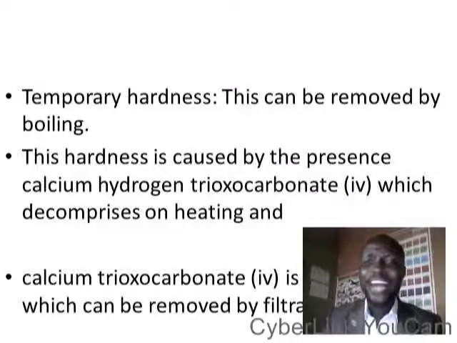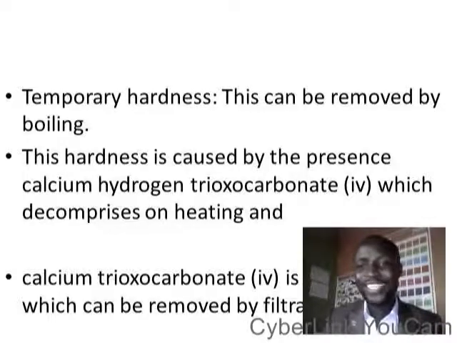Now, temporary hard water can be removed by heating, by boiling, or by decomposing the salt that makes it hard. And what salt can be in water that will make it temporarily hard?